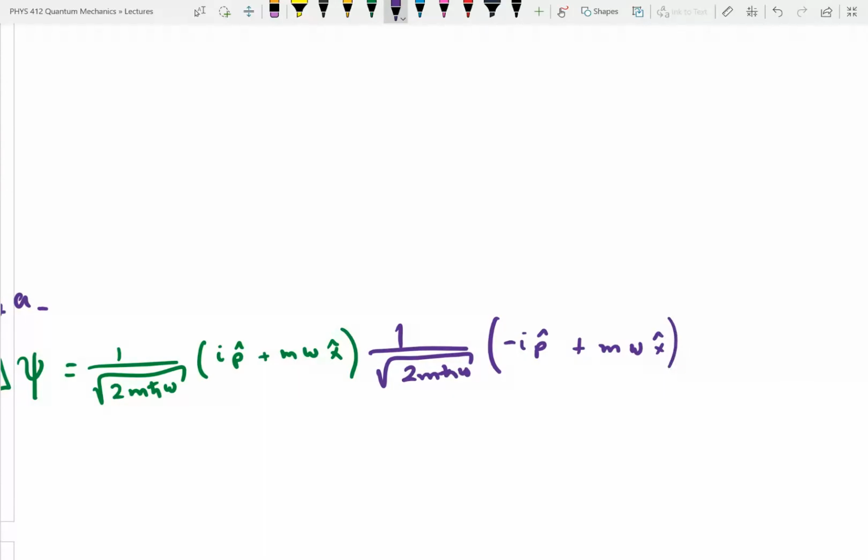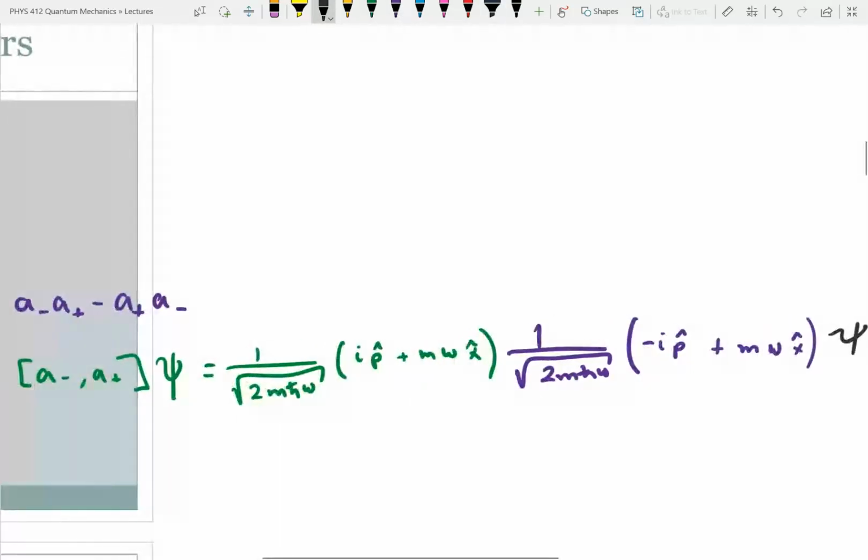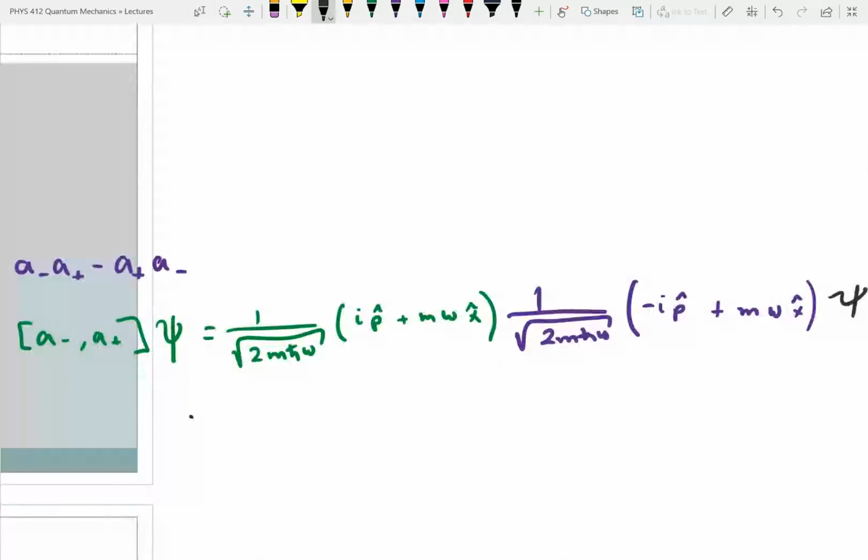so there's my first, and I have to have it acting on psi. And then I'm going to have minus, and I'm just going to write it below. I'm going to copy and paste.